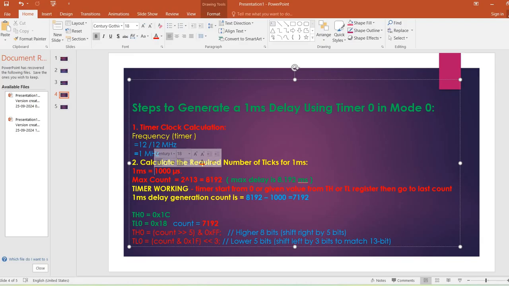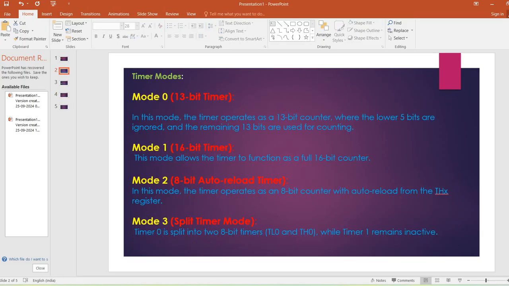The maximum count of Timer 0 in mode 0 is 2 raised to 13, since mode 0 uses a 13-bit timer.